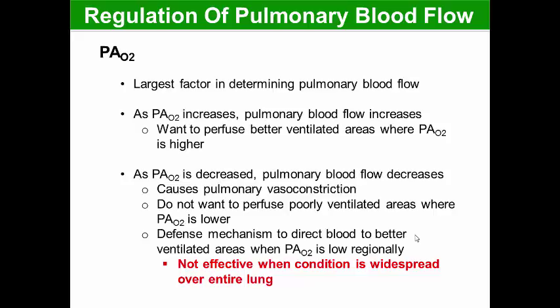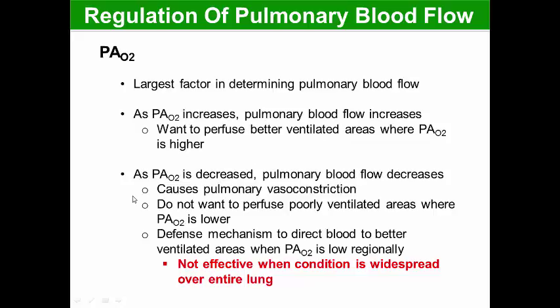What are the other factors which regulate pulmonary blood flow? The partial pressure of oxygen in the alveolar air plays a very important role. As the partial pressure of oxygen in the alveolar air increases, pulmonary blood flow increases, because perfusion increases to perfuse better ventilated areas.